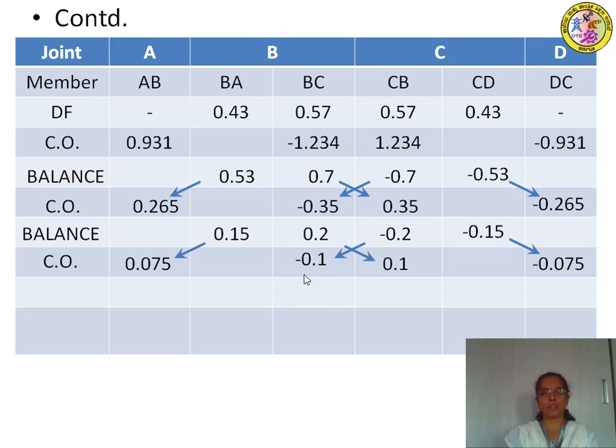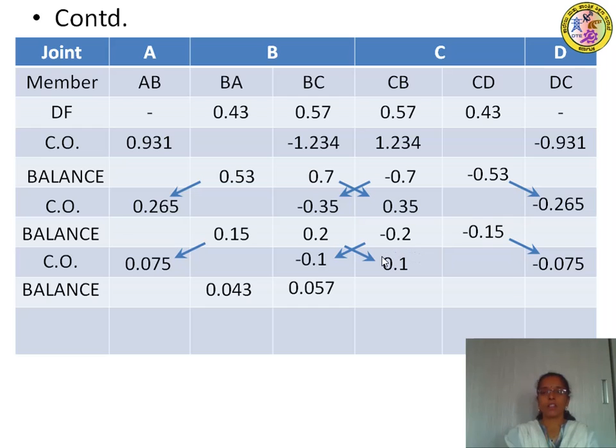So let us balance joint B and C. Joint B is imbalanced by minus 0.1, therefore balancing moment will be plus 0.1. So 0.1 into 0.43 will be equal to 0.043, and 0.1 into 0.57 will be equal to 0.057.